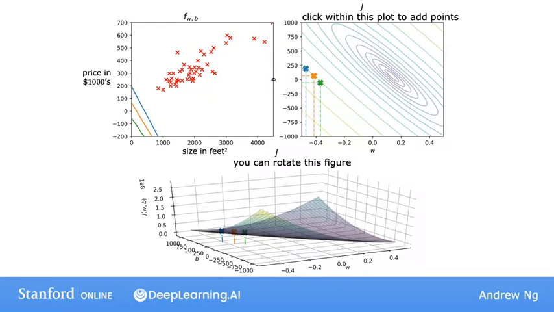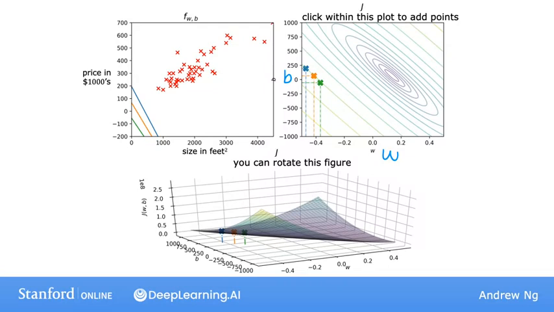Next, here on the upper right is a contour plot of this exact same cost function as that shown at the bottom. The two axes on this contour plot are b on the vertical axis and w on the horizontal axis. What each of these ovals, also called ellipses, shows is the set of points on the 3D surface which are at the exact same height.